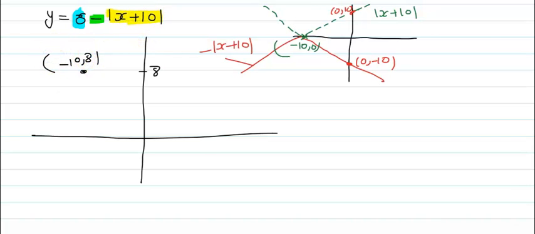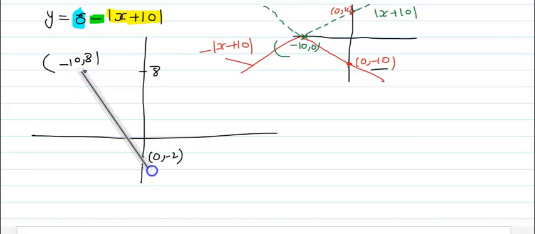Our graph will look like this here. And this is 0, minus 10. If you add 8, then it passes from here, 0 and minus 2. Okay, so let's draw the line. So this will be our graph of the modulus function 8 minus modulus x plus 10.